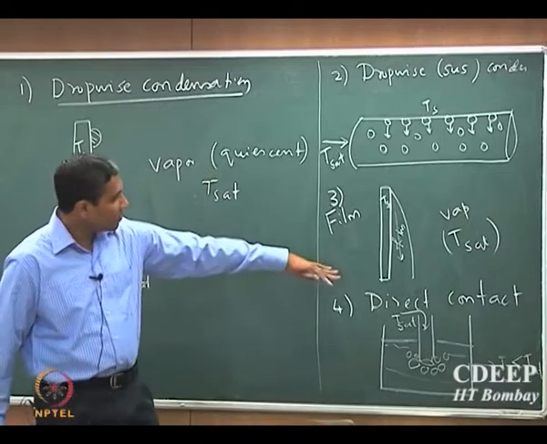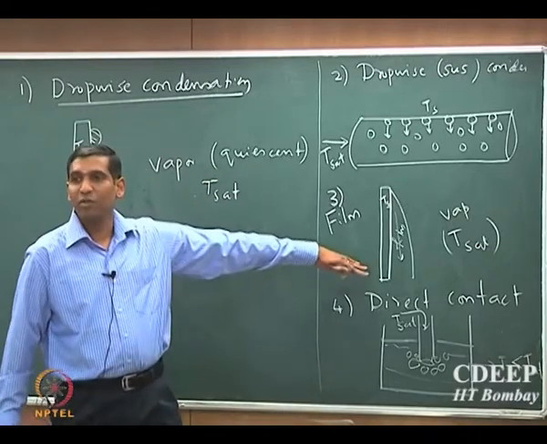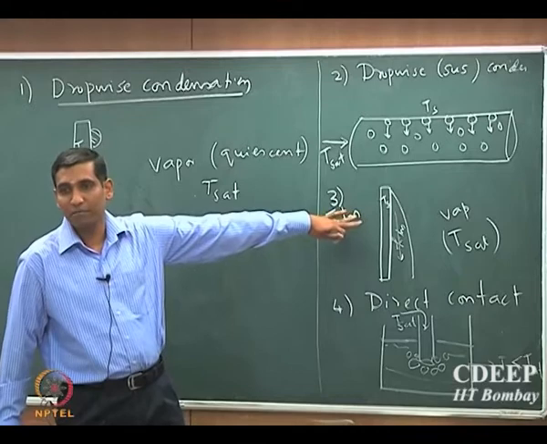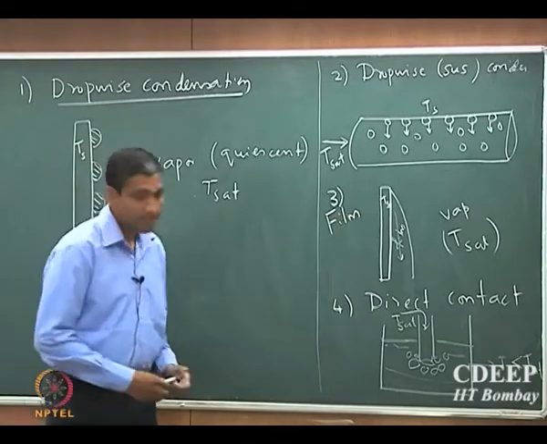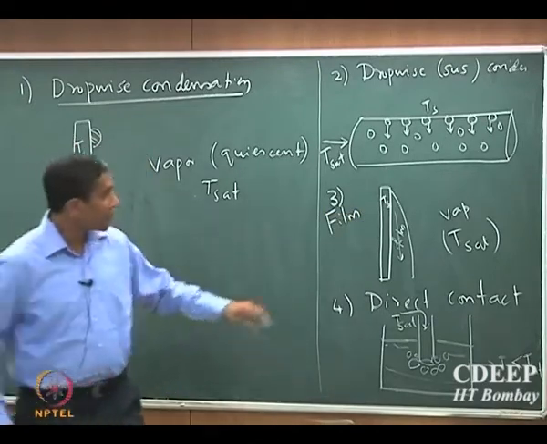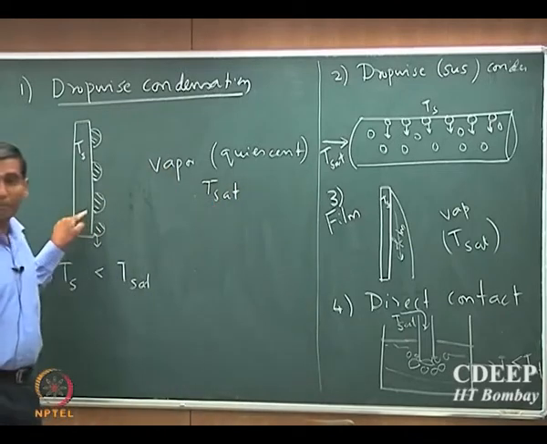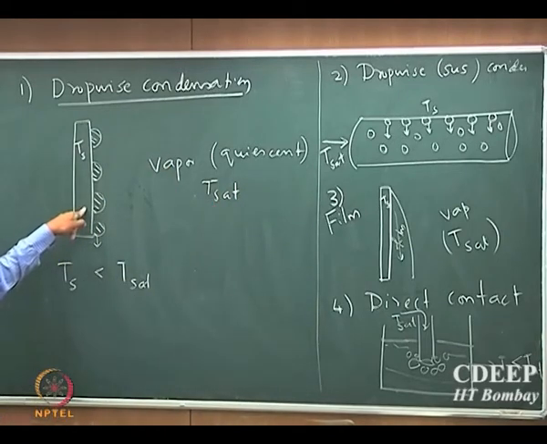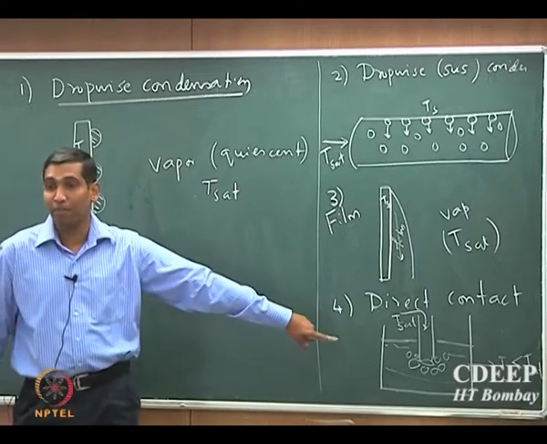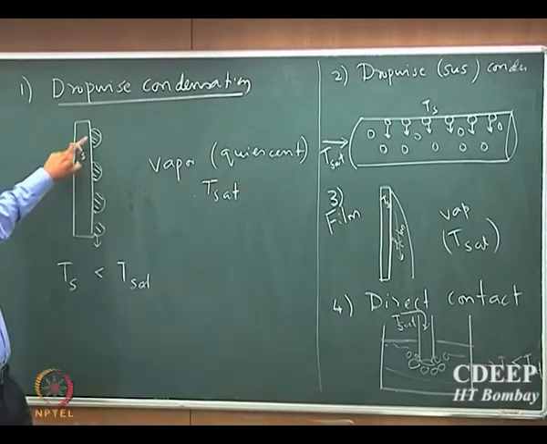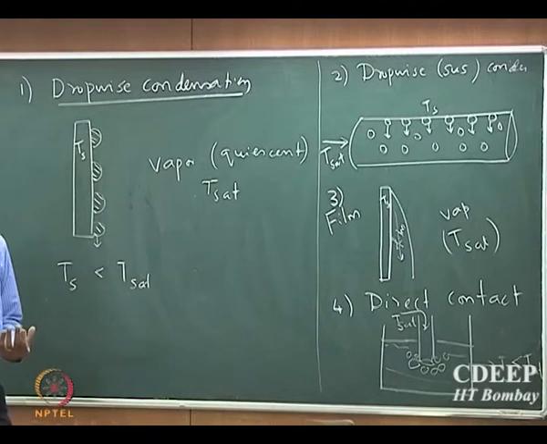So what we are going to see for the rest of today's lecture is we are going to characterize the film condensation process. There is a difference. Here, in dropwise condensation, the drops are forming at a solid surface. Here, the drops are actually forming in bulk. The film is when you have significant liquid formed.